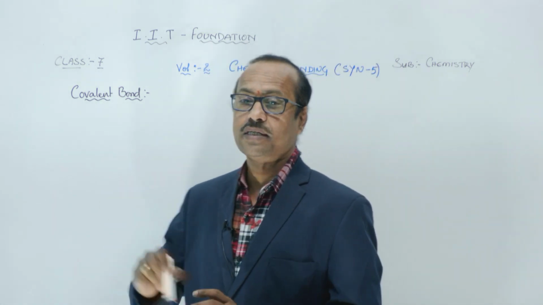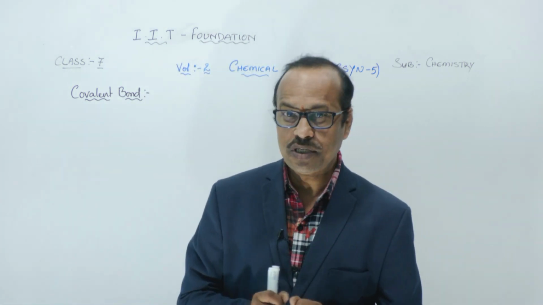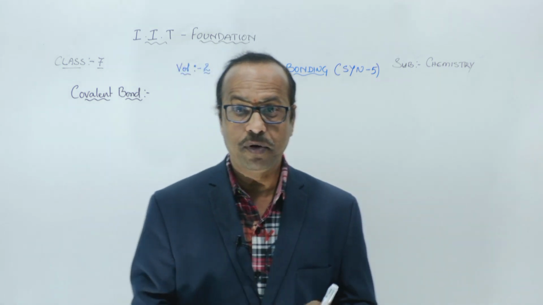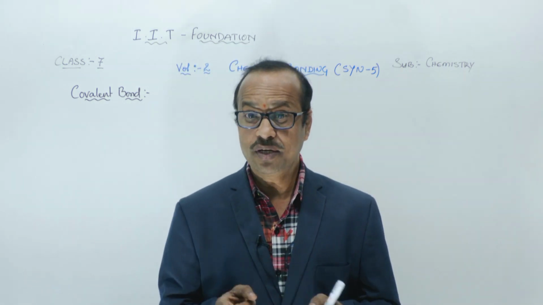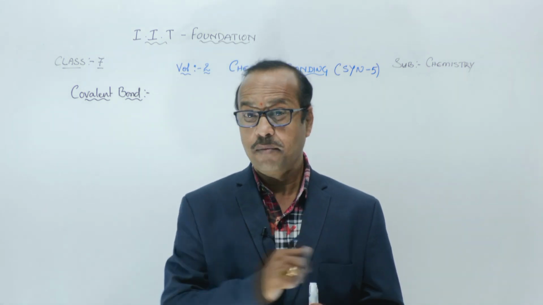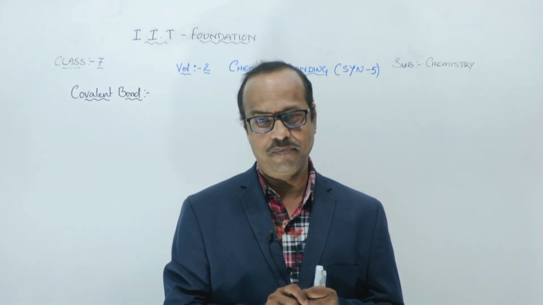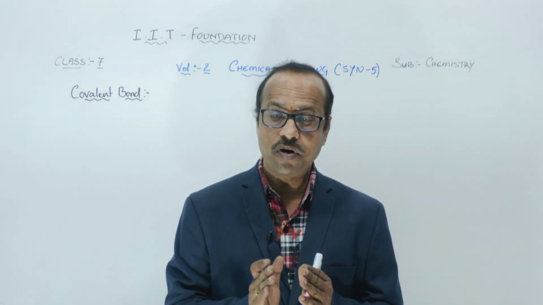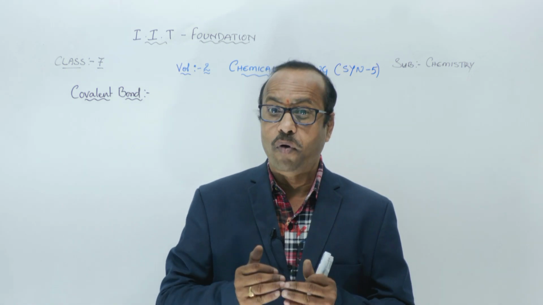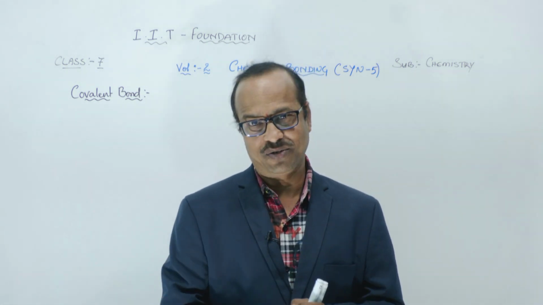Now, we are going to discuss the covalent bond. Generally, students, covalent bond is formed between two non-metals. Ionic bond is formed between metal and non-metal, but the covalent bond is formed between non-metal and non-metal. How do non-metal and non-metal form it? The bond is formed between the two non-metals by sharing of electrons.